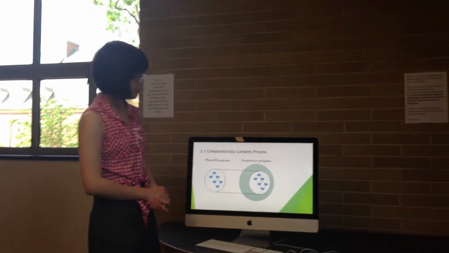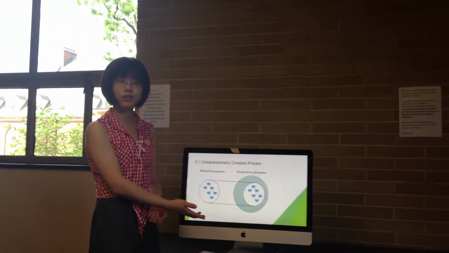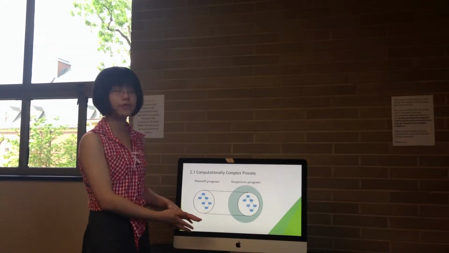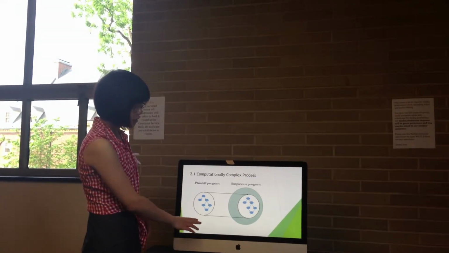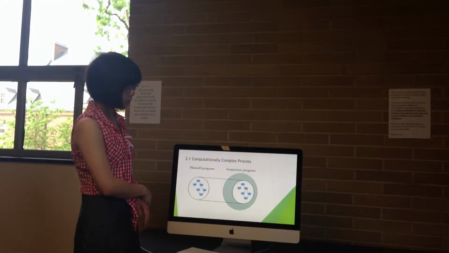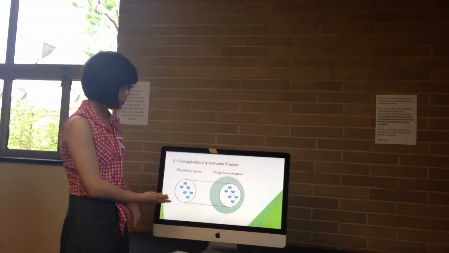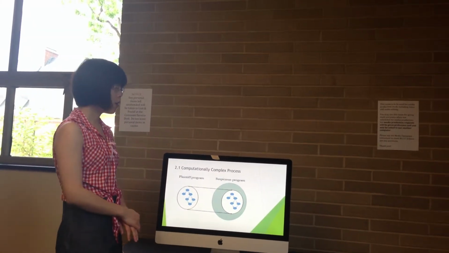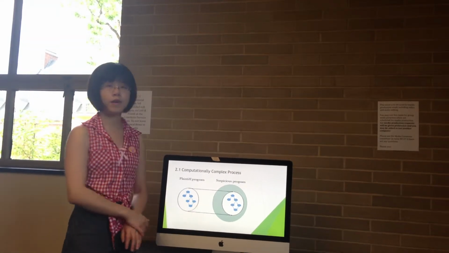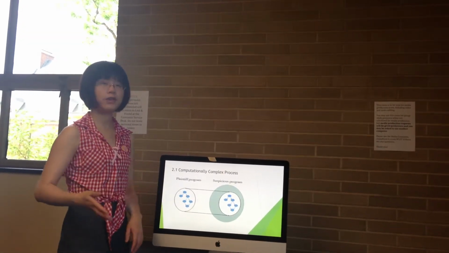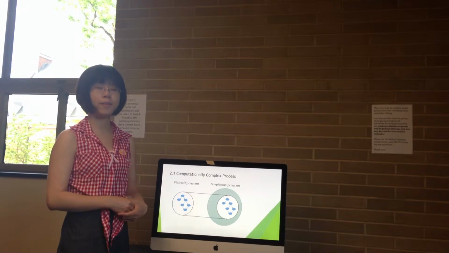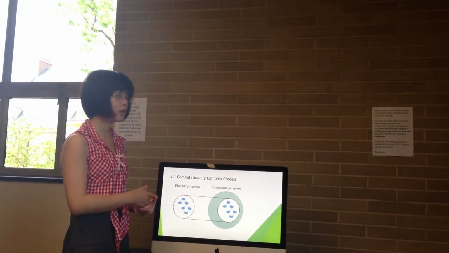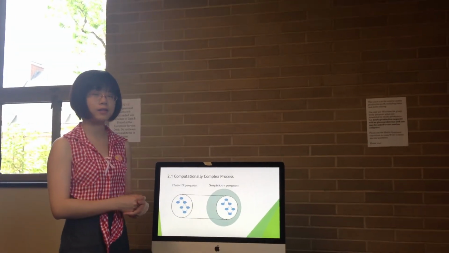Here, this picture shows one kind of software plagiarism. On the left side is the plaintiff program, and the right side is the suspicious program. On one hand, the two programs are very big. So, like you said, because they are very big, this detection is very complex.